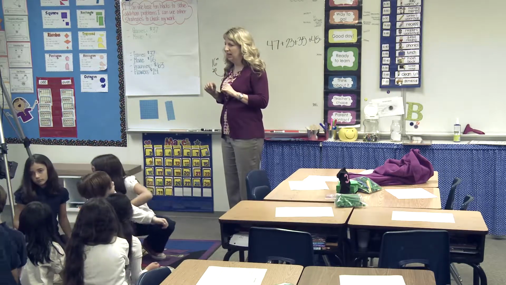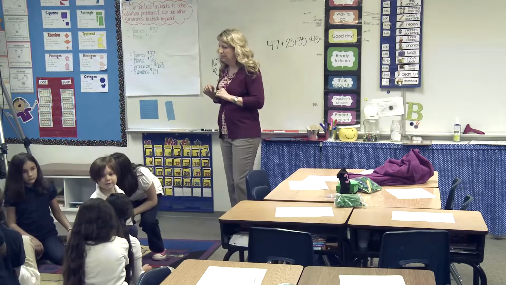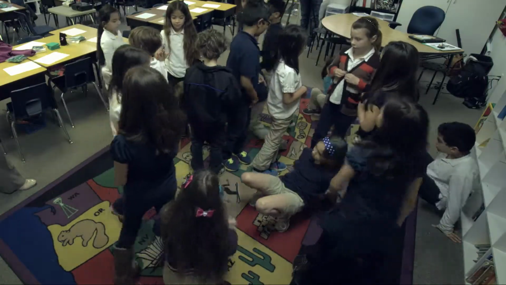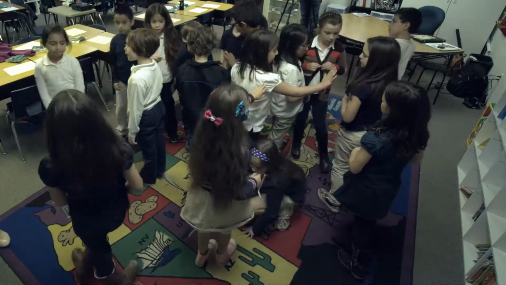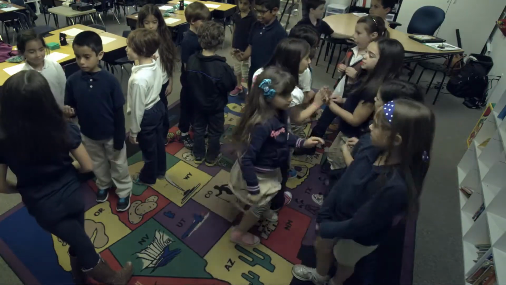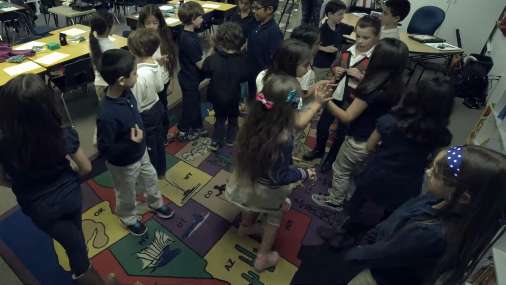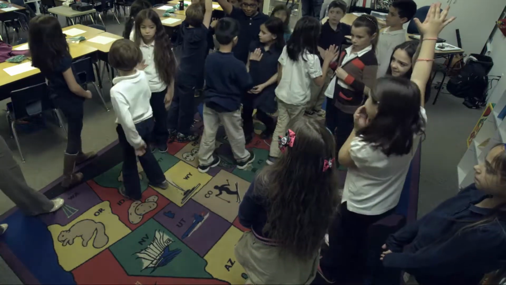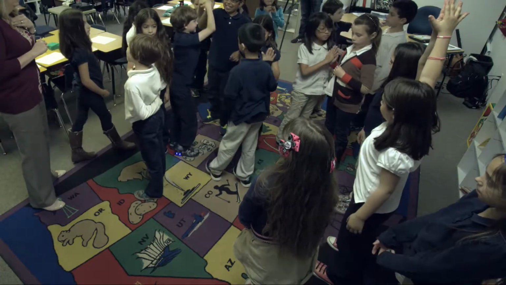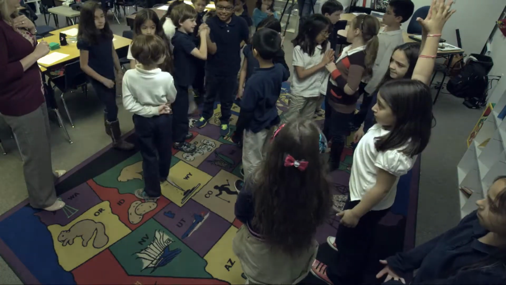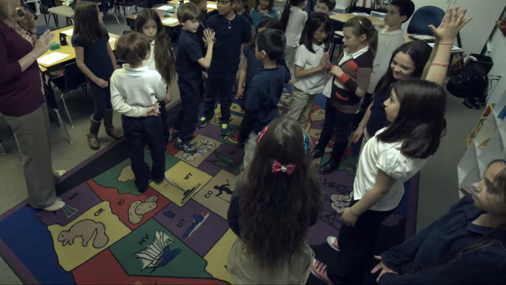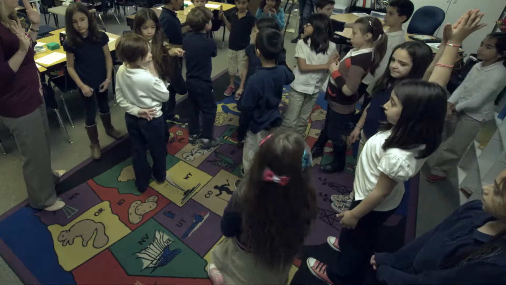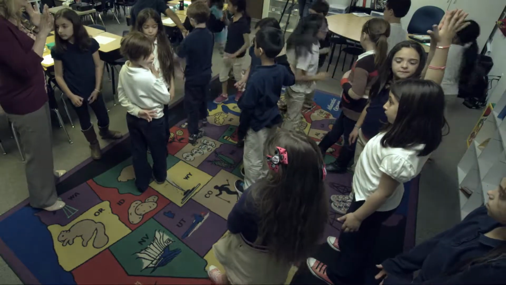Please silently sticky high-five a partner by the time I get to 0. 10, 9, 8, 7, 6, 5, 4, 3, 2, and 1. Okay, great. Some people have chosen to work by themselves, and that's fine too. Please silently make your way to your seats, get your materials, and then decide with your partner where you're going to work.